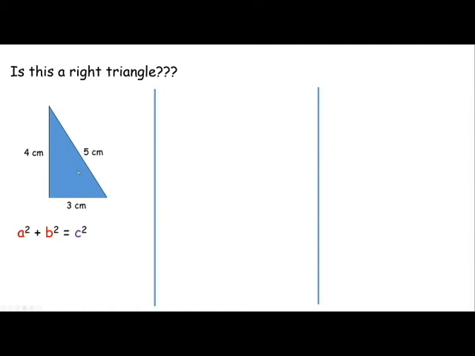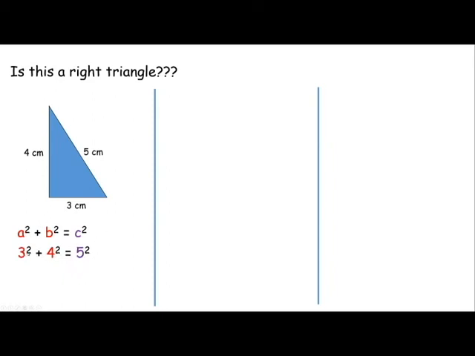And if this is actually a right triangle, when I plug these three values in, I should get a statement that is true. Or in other words, if I plug in 3 for one of my legs, 4 for the other leg, and 5 for the hypotenuse, then I should get a statement that is mathematically true.